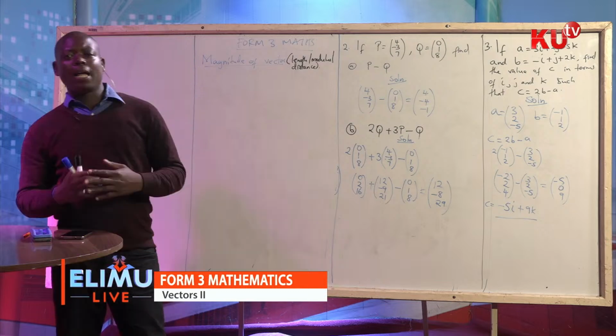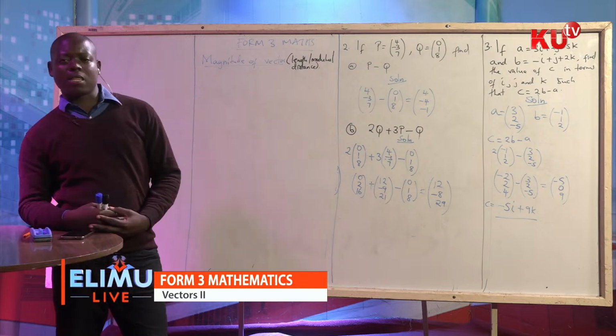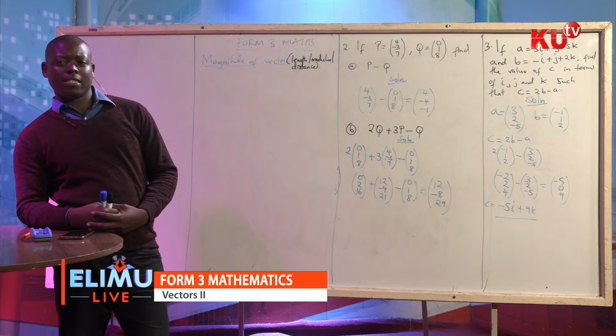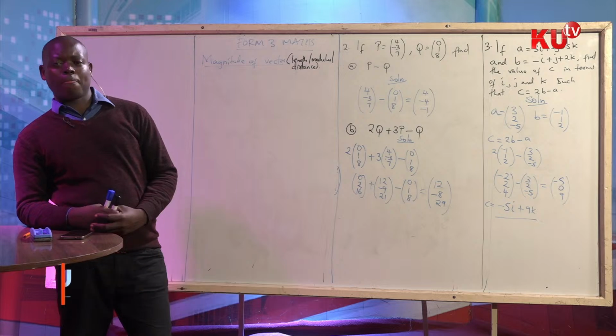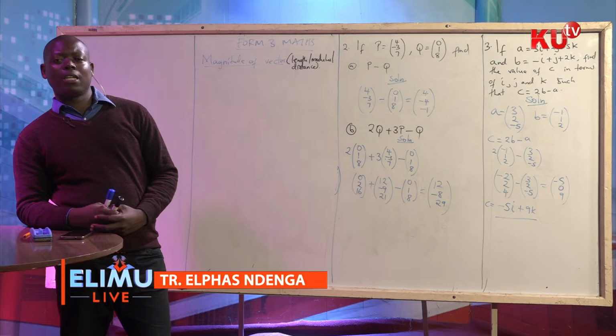It being length, distance, or modulus of a vector is given in terms of units. And when we are working out the magnitude of a vector, we allow students to write the units of that solution. And which units do we use? We just use units. Why?